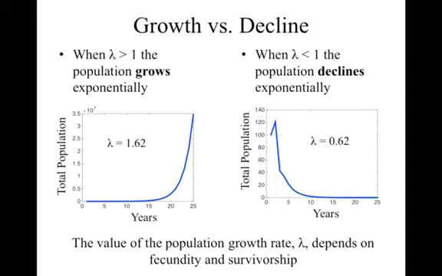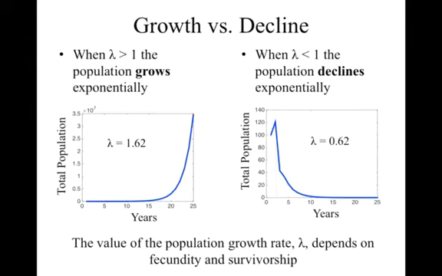So 1.62 is well above 1, and so we have that rapid rise in population through time. When the population growth rate is less than 1, the population declines exponentially. And so you have this massive rapid crash. And again, 0.62 is much less than 1, so in that scenario we saw the population declining.